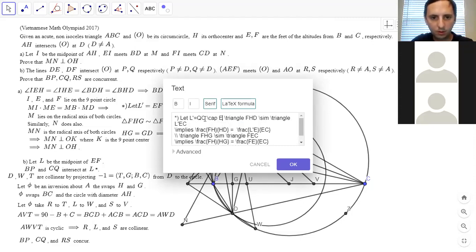The last one is L prime F equal to L prime E, not L prime G. All right.